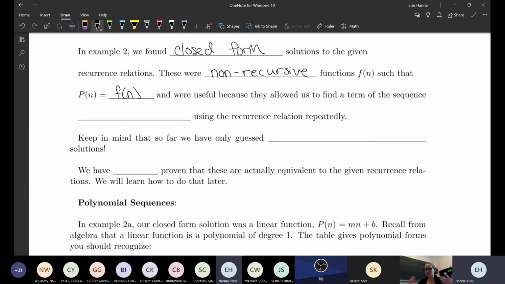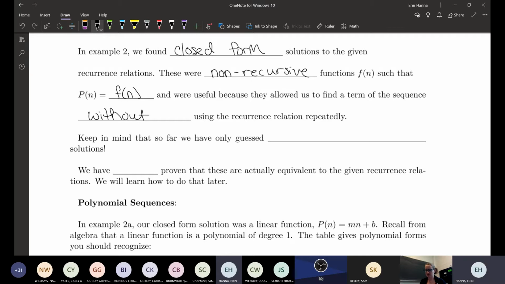So they're going to match terms. And those are really useful because they allowed us to find a term in the sequence without using the recurrence relation repeatedly. So we were able to find the 15th term without needing to find the 14 terms before it.